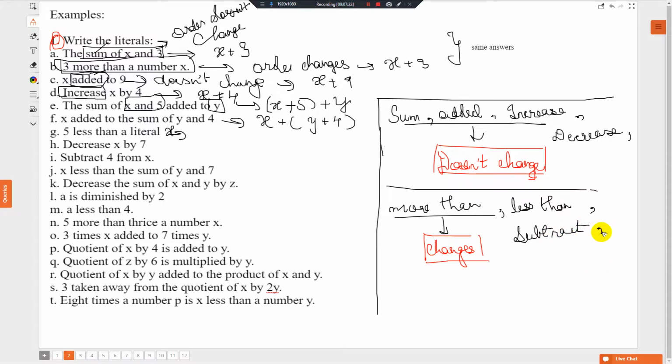Now when x less than the sum of y and 7, less than comes, so it changes. Now decrease the sum of x and y by z. That also we know. When diminished comes, it always means subtraction. Does the order change or not change? It does not change.